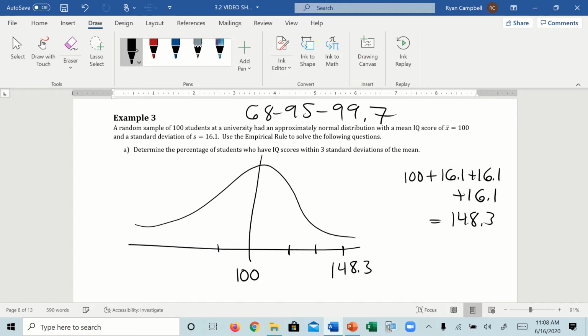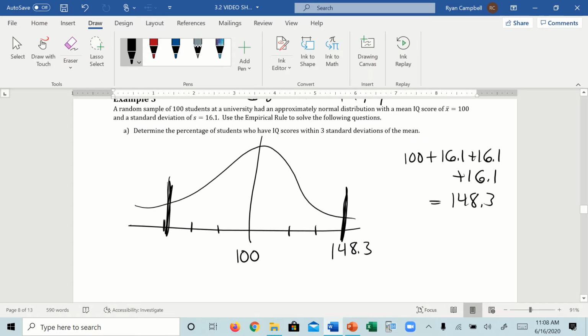This is the top, and this is the bottom. To get the bottom number, you just subtract 3 standard deviations: 100 minus 16.1 minus 16.1 minus 16.1. If you do that, you should get 51.7.